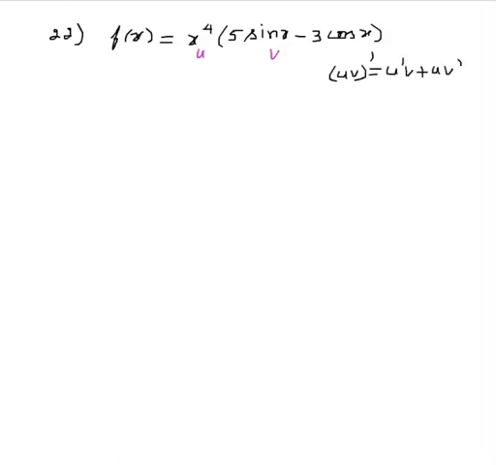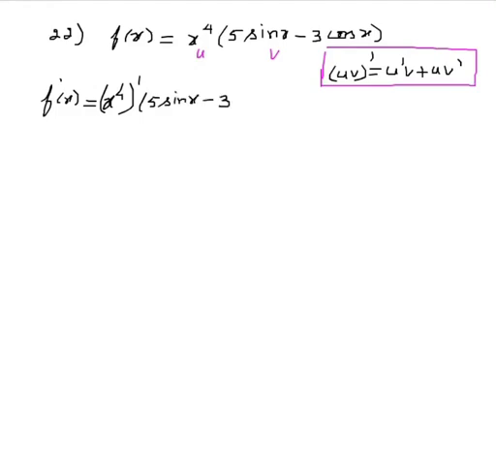Question number 22. f of x is equal to x power 4 times 5 sin x minus 3 cos x. Let's use the product rule. uv the whole dashed is u dash v plus u v dash. Therefore, f dash of x is equal to the differential of u into v plus u into v dash.